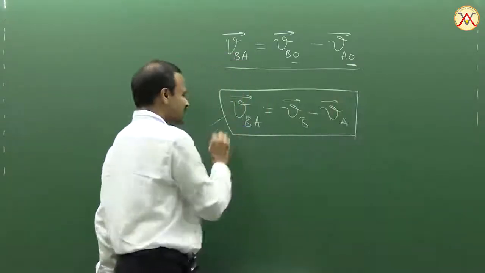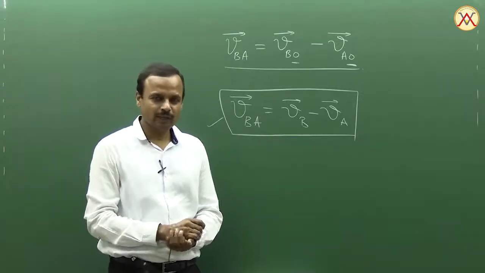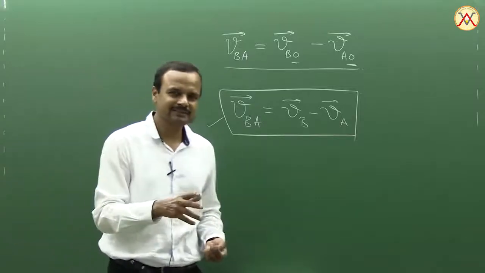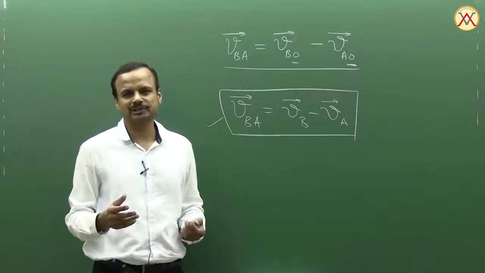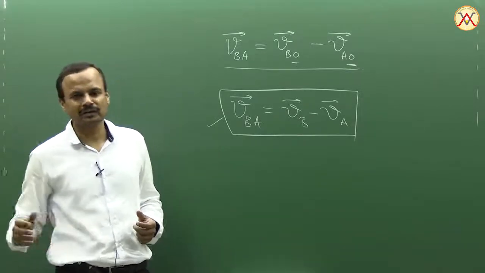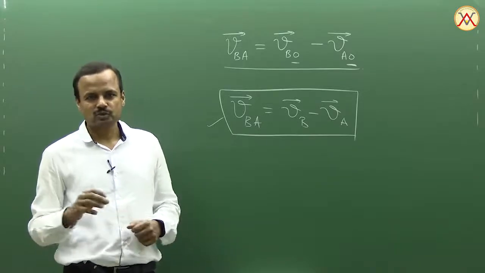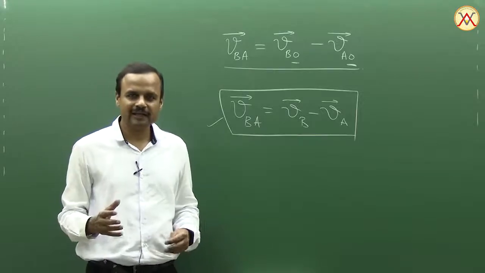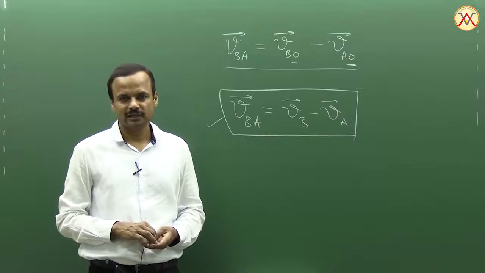This is because the ground frame is our default frame of reference. If you are given the velocity of an object, say the velocity of a car is 70 km per hour, and the frame of reference is not mentioned, it is very obvious that the velocity of the car is given relative to the road, which means it is the ground frame of reference. So if nothing is stated about the frame of reference, it is automatically assumed that it is the ground frame of reference.